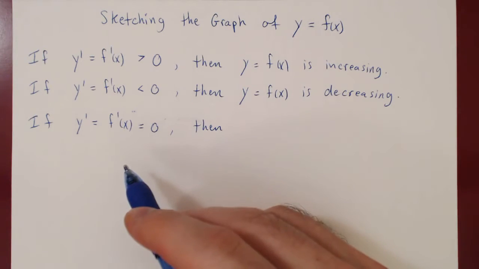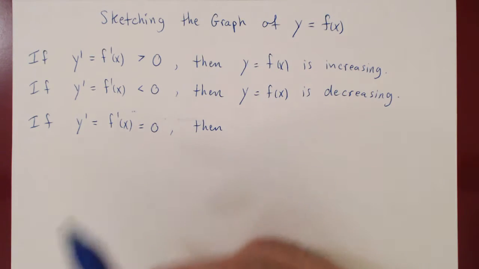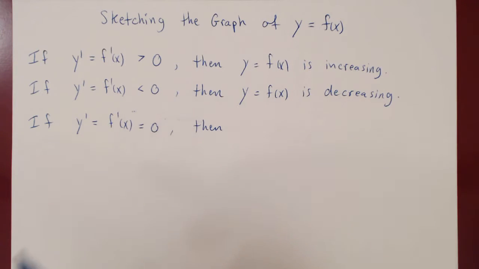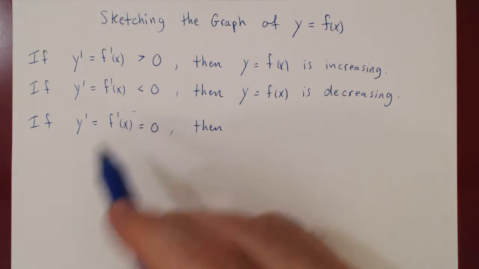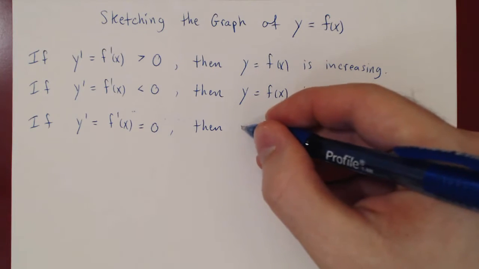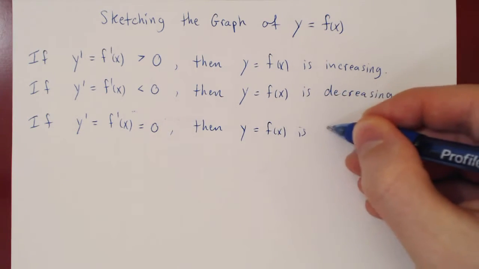So if the derivative is 0, the tangent line to the function is horizontal, so the curve at this point is flat. If the rate of change is 0 at that point, at x, then the function is not changing, therefore the graph will be flat at that point. So then the graph of y equals f of x is flat.